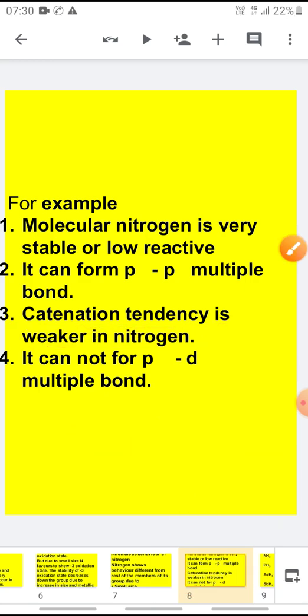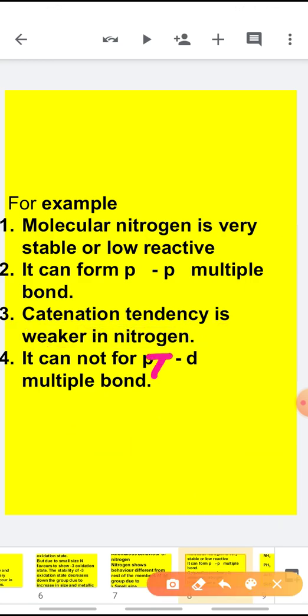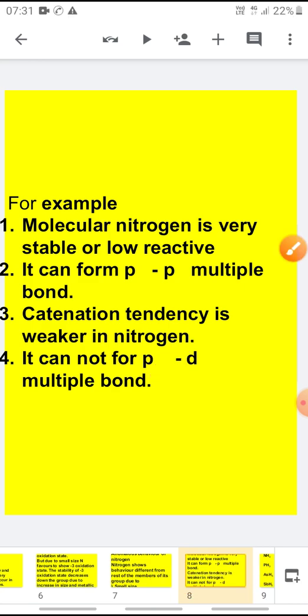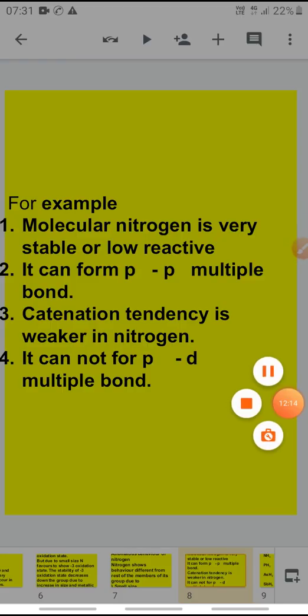Next, it cannot form p pi-d pi multiple bonds, because the d orbital is not available. That means it cannot extend its covalency beyond 3. It cannot form more than 3 bonds, whereas phosphorus can form 4 bonds, and the other elements can form 5 bonds also, but nitrogen cannot. This is called the anomalous behavior of nitrogen.